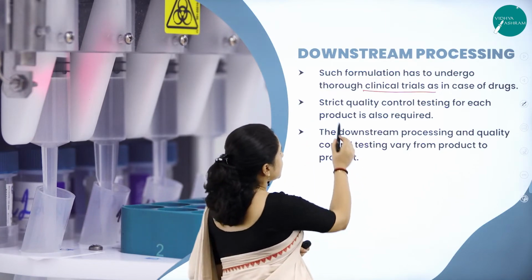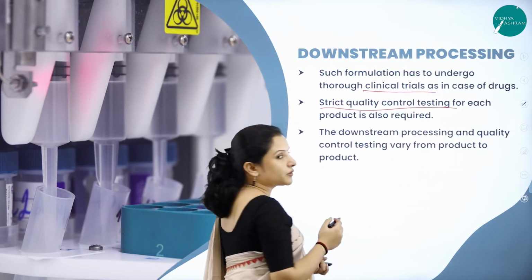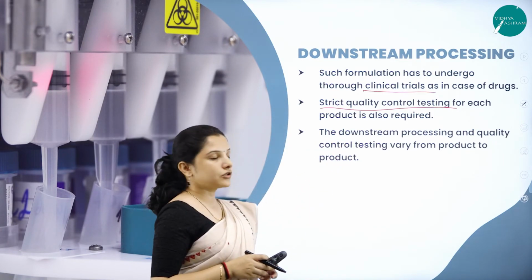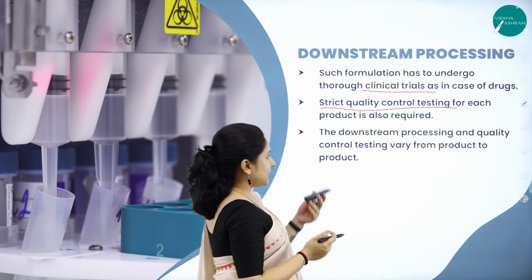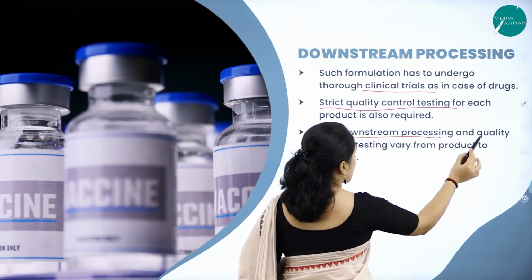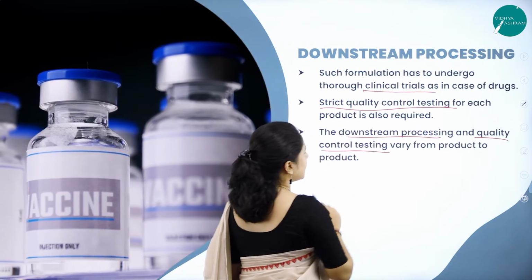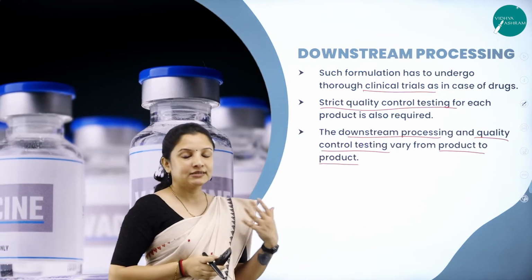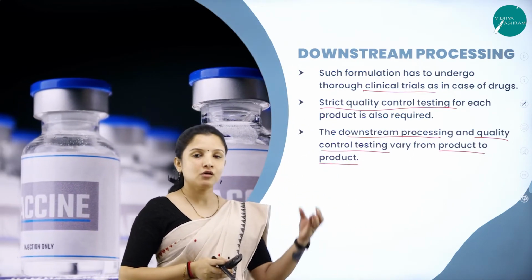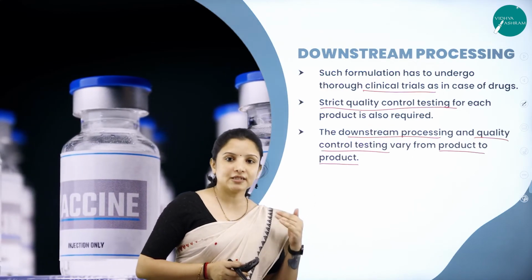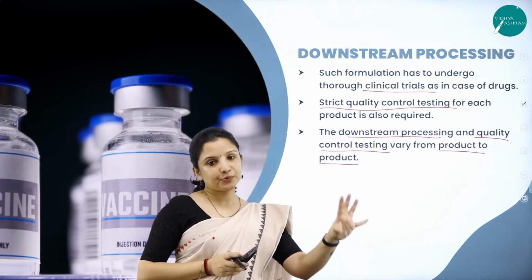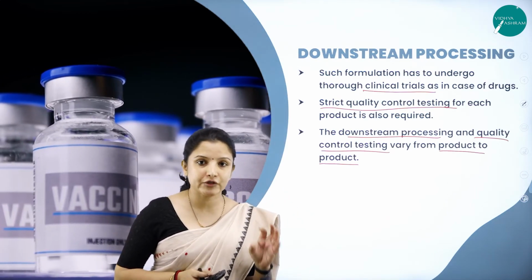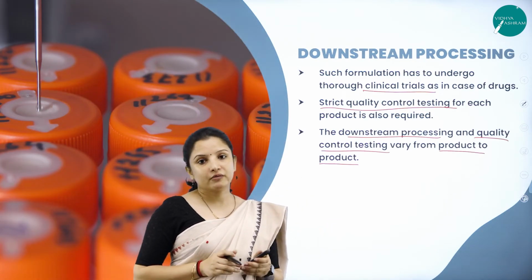Strict quality control testing for each product is also done, and downstream processing as well as quality control testing vary from product to product. So it has its own standards depending on the product. If all those standards are met, then only is the product considered safe and suitable for usage, and therefore it will be marketed.